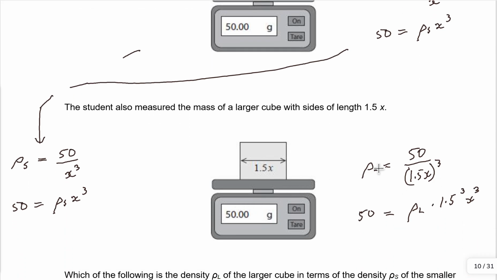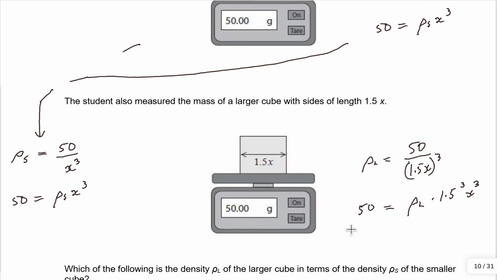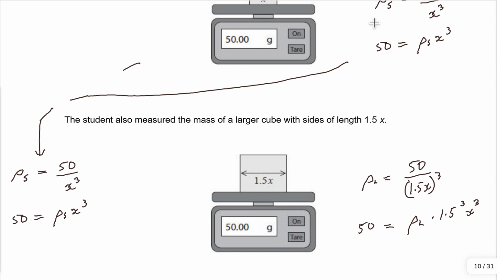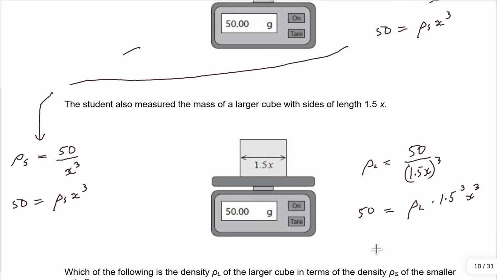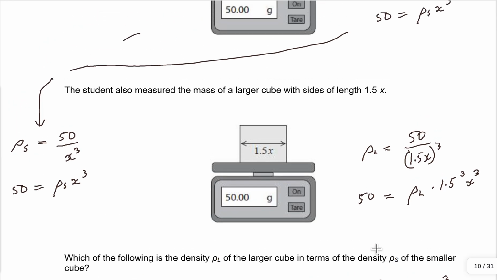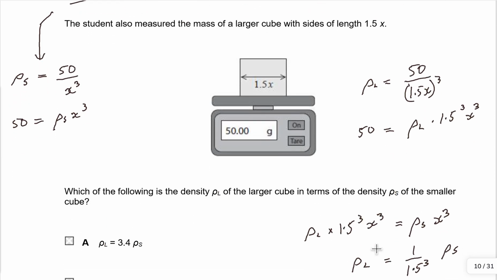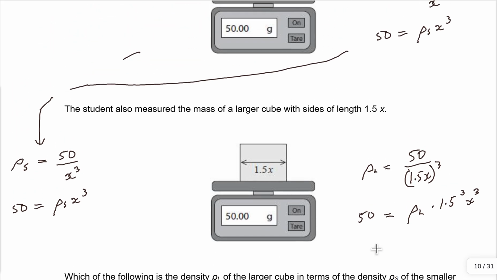Let's go to the next one. Density of the large cube is 50 over 1.5x. That's the dimension of one of the sides, and therefore you have to cube all that to get (1.5x) all cubed. And again, I've rearranged to get 50 equals. Now, because they both weigh the same mass, 50, which is the reason why I've made them equal to 50, because what we are going to do is compare densities, and to do that we have to look for something common.